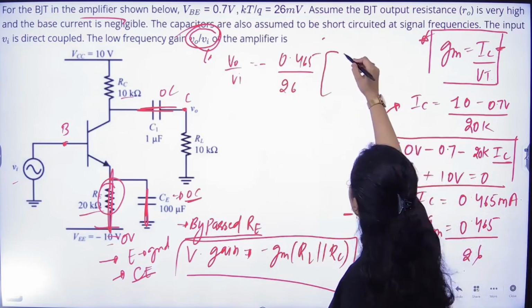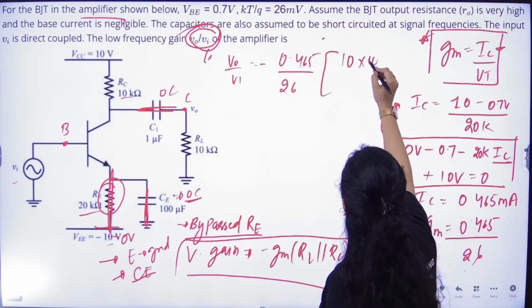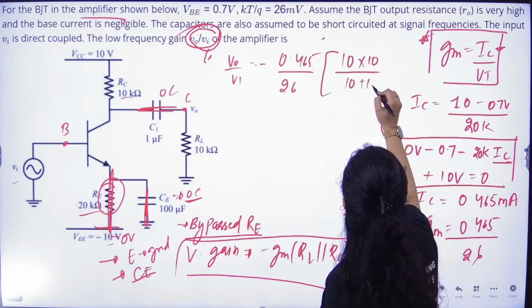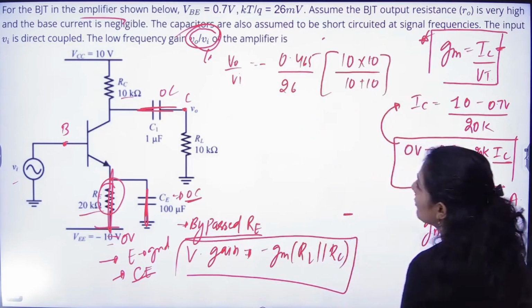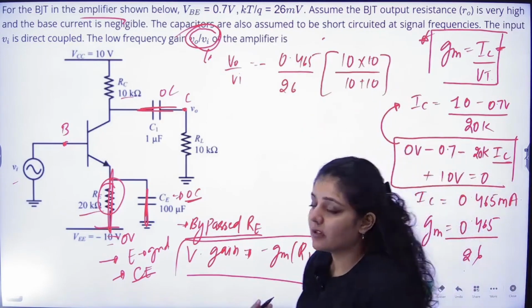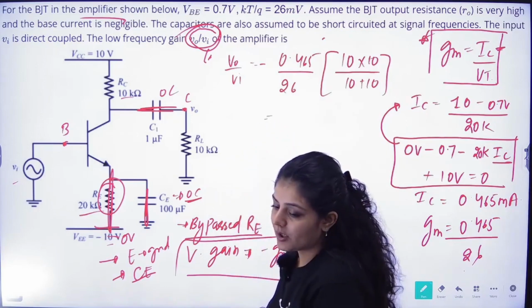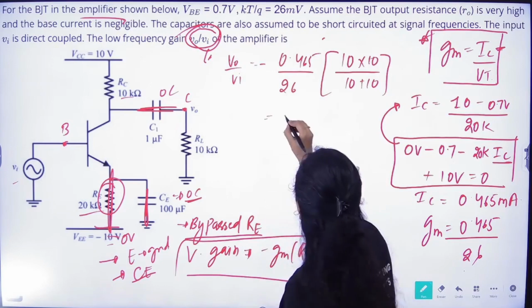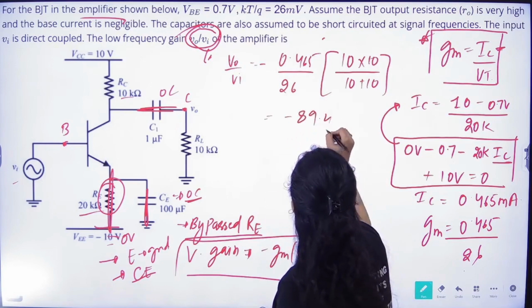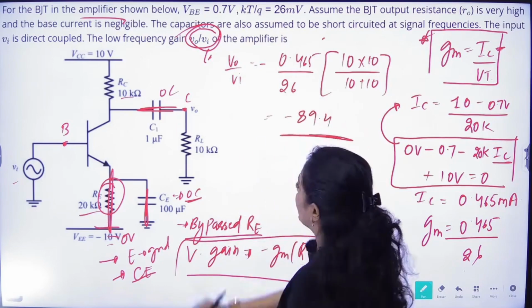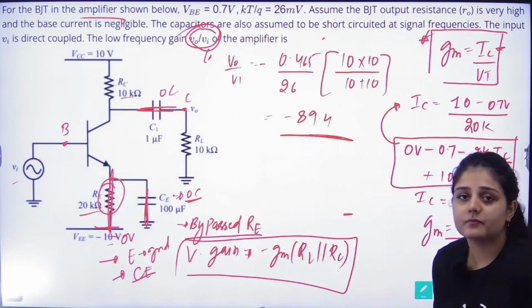RL parallel with RC will be 10 into 10 divided by 10 plus 10. Anyway, both resistances are the same, so in the parallel case, resistance will become half. If you solve this completely, we will get the value of gain to be minus 89.4. Minus 89.4 will be the value of the gain.